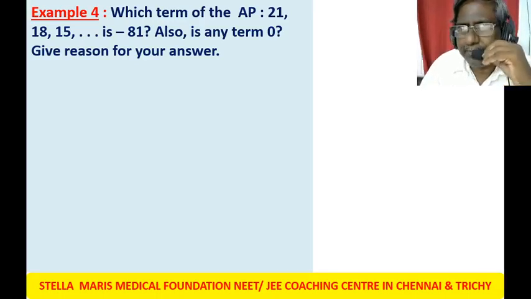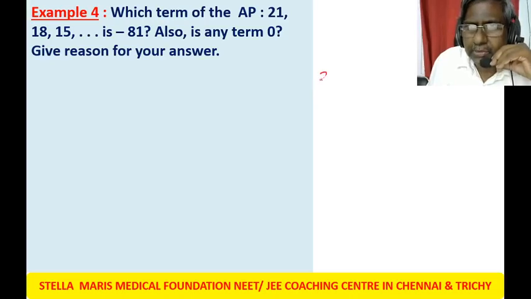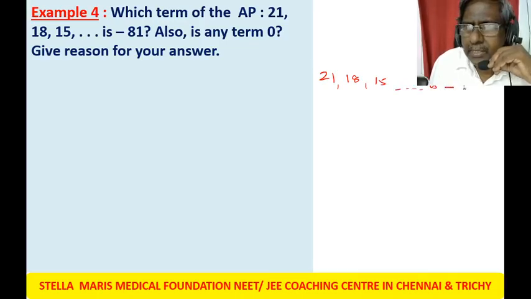See, next problem: which term of the AP 21, 18, 15, and so on, is minus 81? Also, is any term equal to 0?